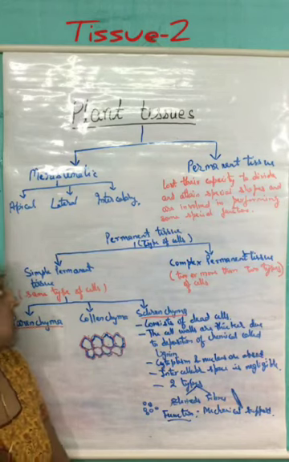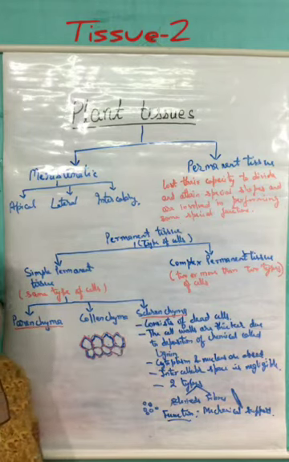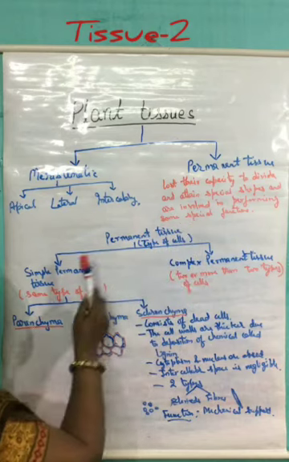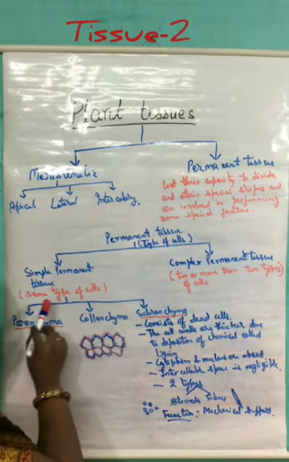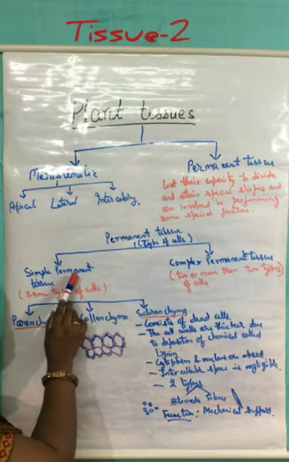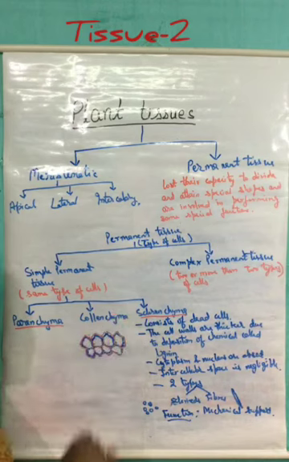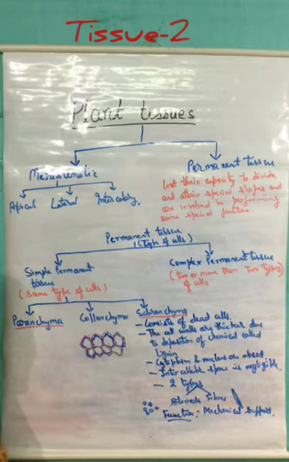Hence, in this video, we have discussed the permanent tissues, what is the meaning of permanent tissues, how permanent tissues are classified into simple and complex types, and further we have discussed the classification of simple permanent tissue into three types: parenchyma, collenchyma and sclerenchyma, where the parenchyma is living and more active.